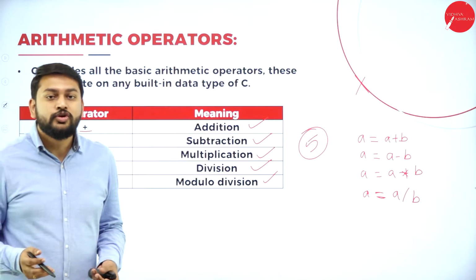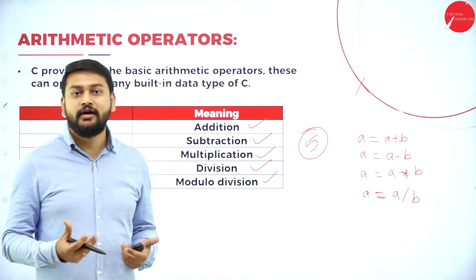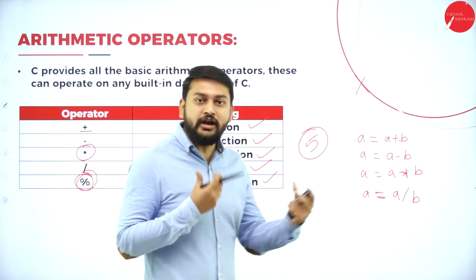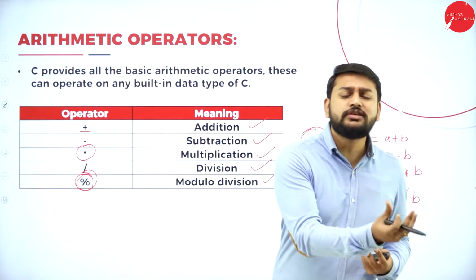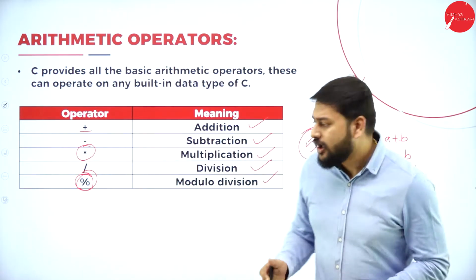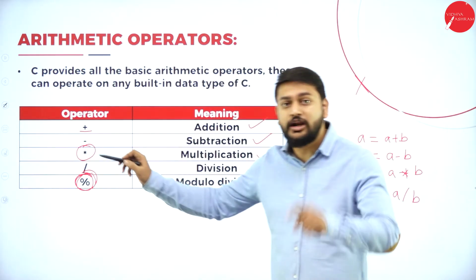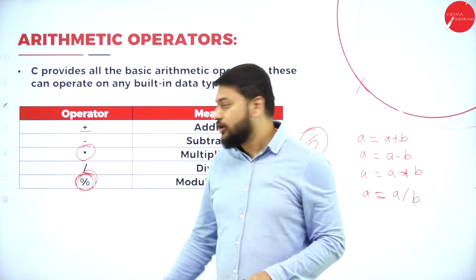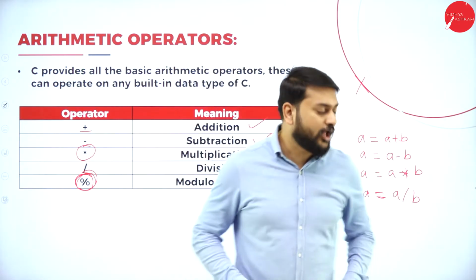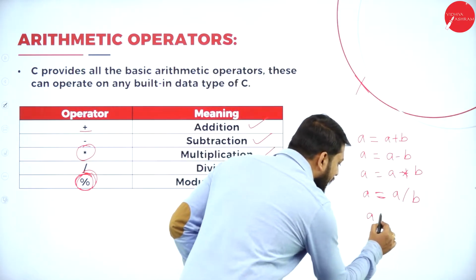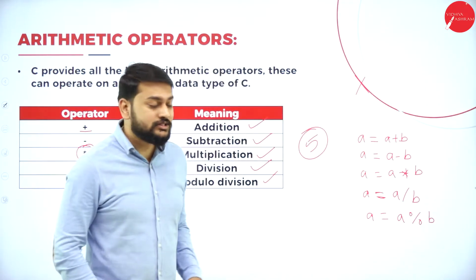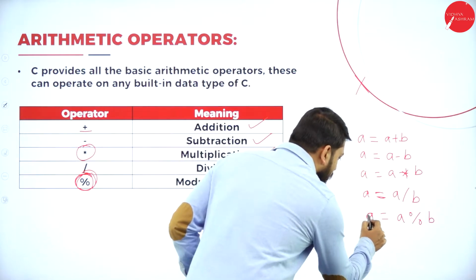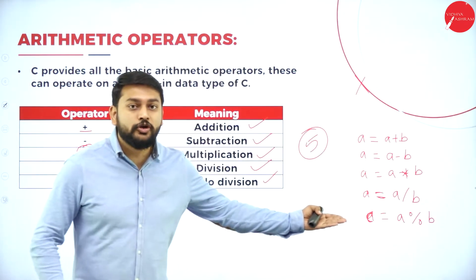Why do I need it? To check the remainder. If I perform the division between any two numbers, I need to check what is the remainder. For that, I am using this modulus. I repeat, please remember, whenever I am using, say for example, A is equal to A modulus B, or let me just take it as C. What is it that I'm going to perform?